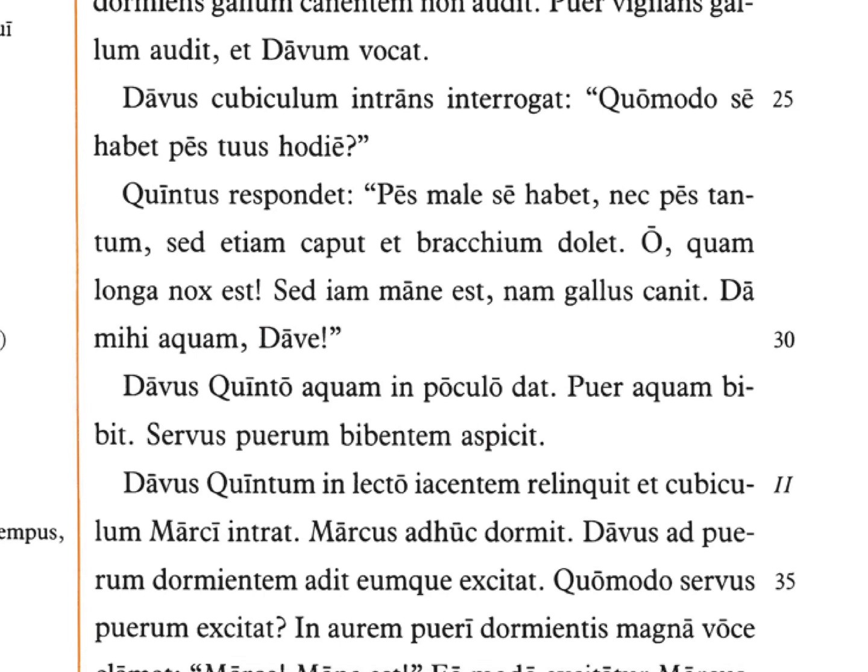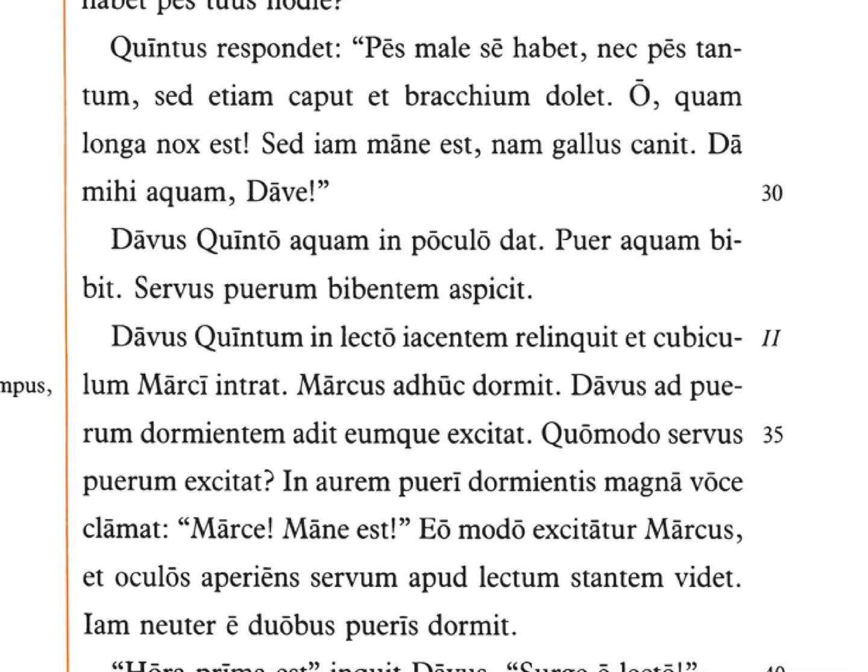So the slave watches the boy, bibentem, drinking. Davus Quintum in lecto jacentem relinquit, et cubiculum Marci intrat. Davus leaves Quintus lying in the bed, in lecto, and he enters Marcus's bedroom. So jacentem is, again, one of these present participles, lying down here.